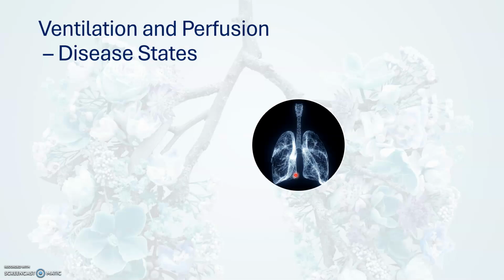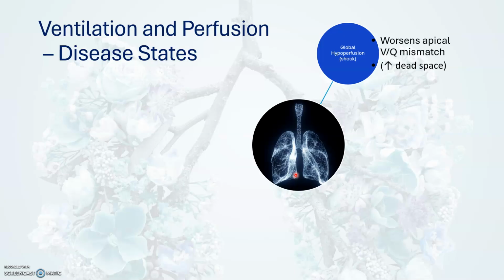So we are going to take this in terms of diseases that affect either ventilation or perfusion or a combination of both. So let's think about somebody with global hypoperfusion. They're in shock. The entire lung is being underperfused, because in the normal lung the apex is better ventilated than perfused.